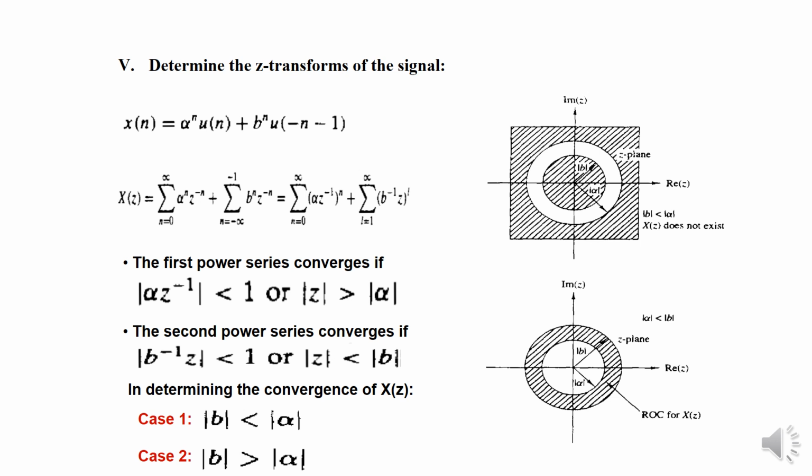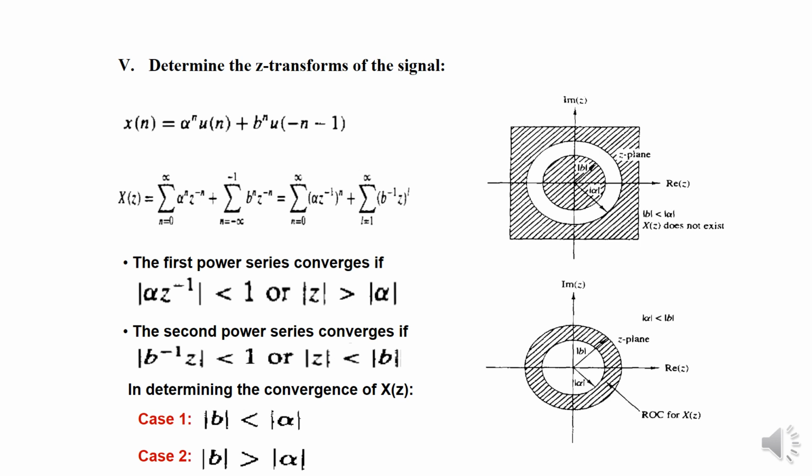So take a look at the region of convergence, right? We'll consider one case where magnitude of b is less than magnitude of a. When magnitude of b is less than magnitude of a, what will happen is we have to draw two circles, right?